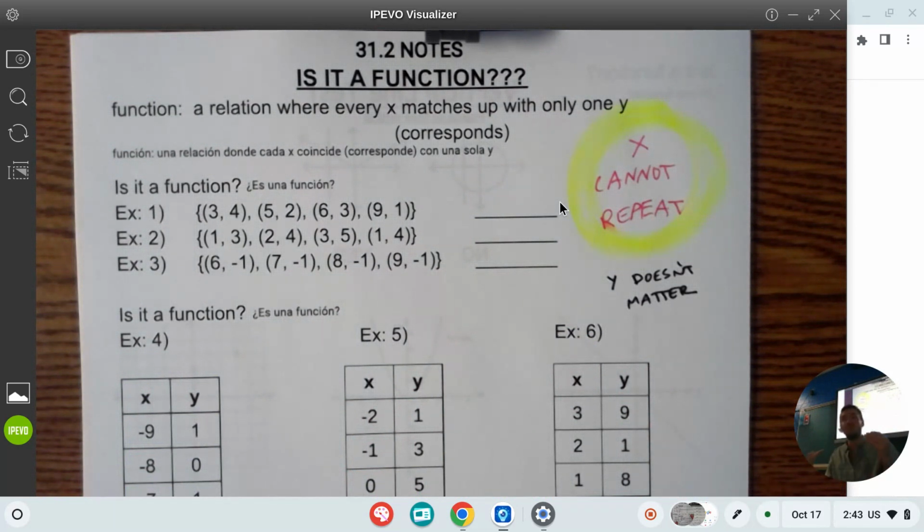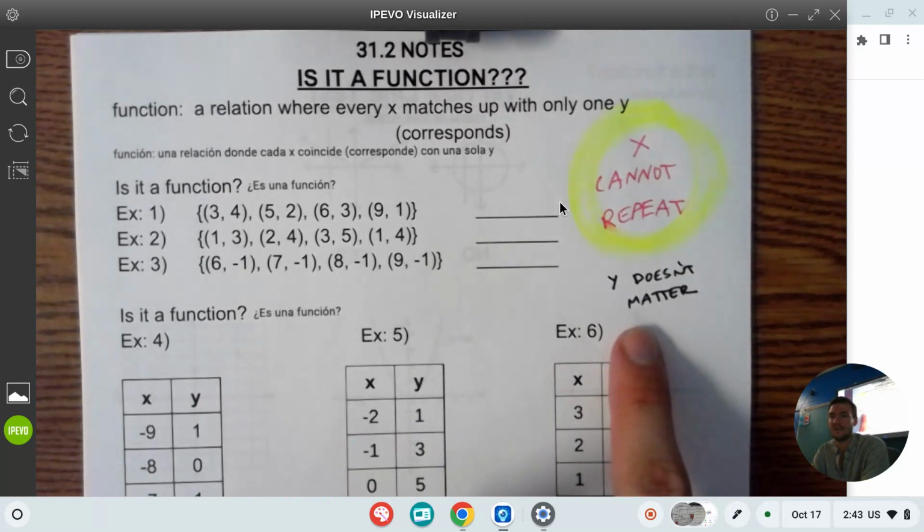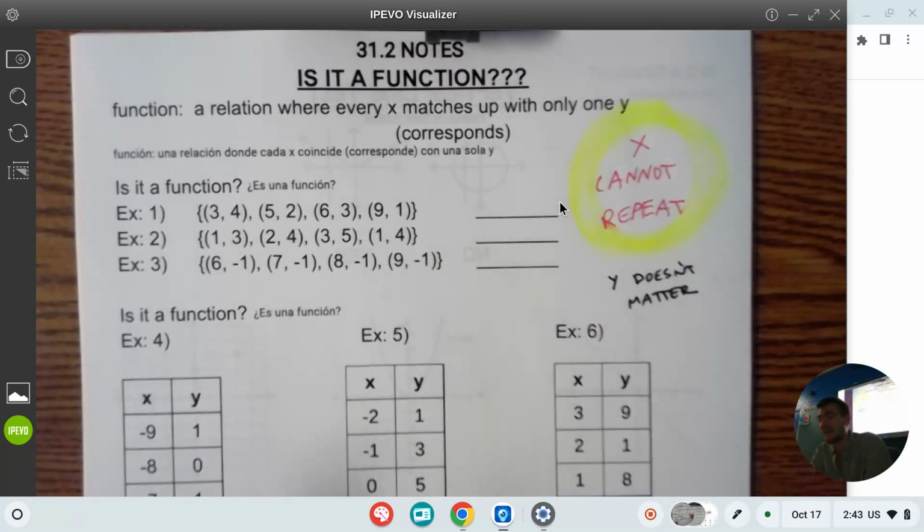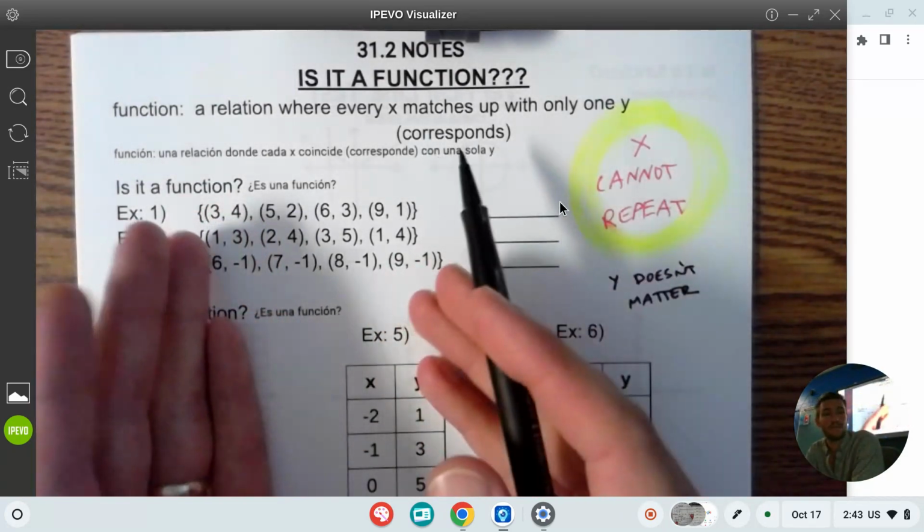The number one mistake, really the only mistake that you can make, is students who don't write this down, who ignore me a little bit, and all of a sudden they're asking themselves, but what about the y's? Y's don't matter, because is it a function only matters with domain.